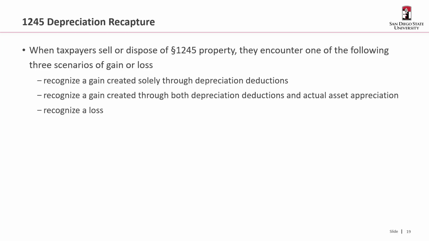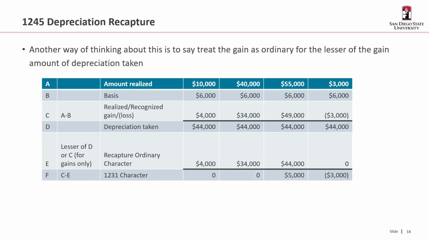Let's see what we've learned. If a taxpayer sells or disposes of 1245 property, they're going to encounter one of three scenarios. They're going to recognize a gain created solely through depreciation, and think of that as columns 1 and 2. In fact, let's just go back and look. Right, that was columns 1 and 2, and you can see that all of the gain is recaptured as ordinary.